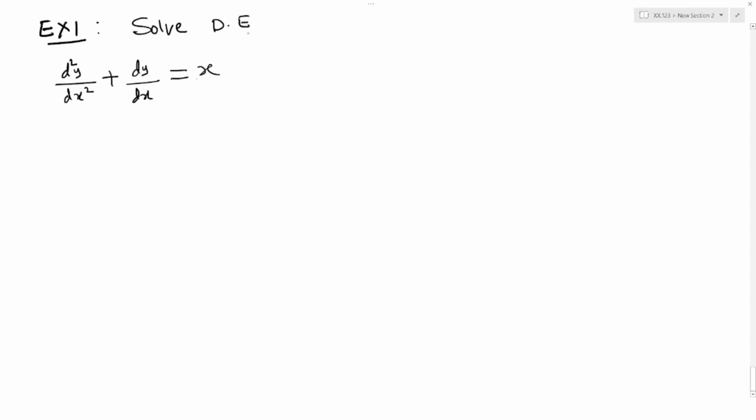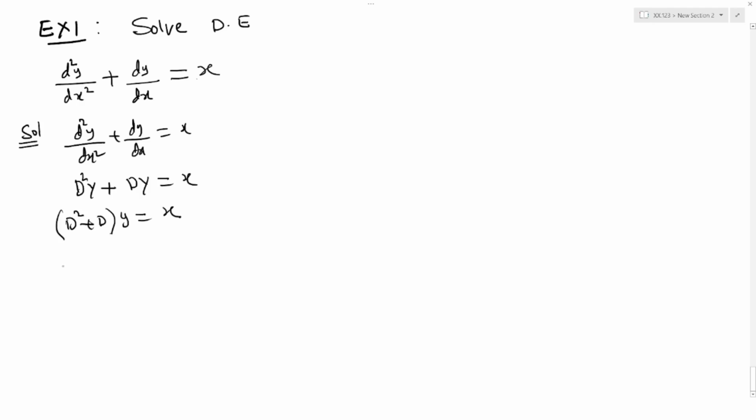Example 1. Solve the differential equation d2y upon dx2 plus dy by dx equals x. Solution: d2y by dx2 plus dy by dx equals x. This can be written as (D square plus D) y equals x, taking y common.